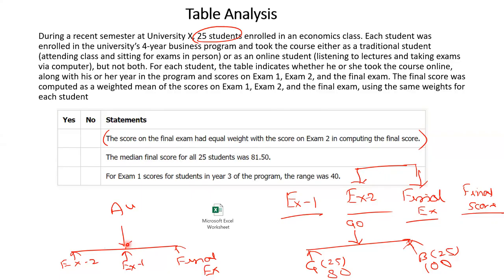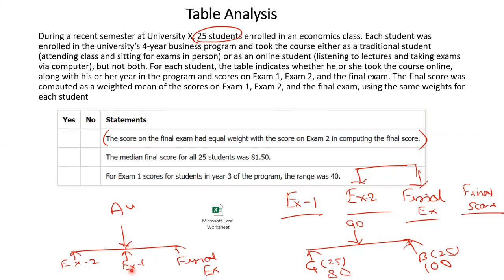Now, this is important, guys. Take some time. This person's average in these two exams is smack in the middle. Why is it smack in the middle, by the way? Assuming that exam 2 and final exam have the same weightage, this person's average score would be in the middle.